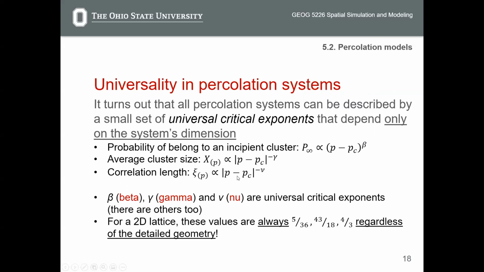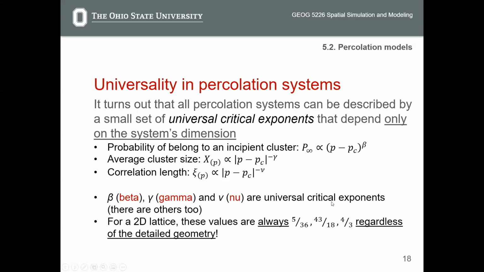Right now, if your P value is equal to Pc, then it's 0, 0, and 0. So when P is equal to Pc, it's a very special state for your percolation system. And we have beta, gamma, and nu.